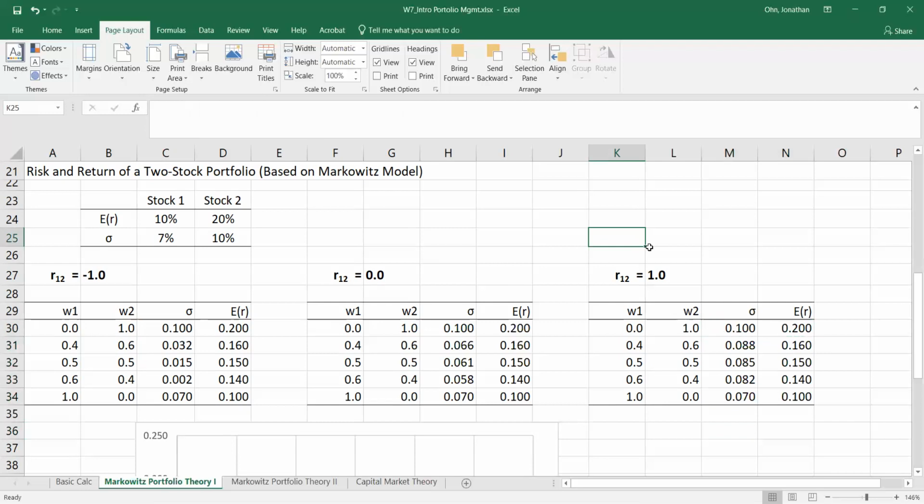Now, did you follow what I did here? Anybody who didn't follow or has a question about the process that we just did, let me know. So you know how to do this one, right?